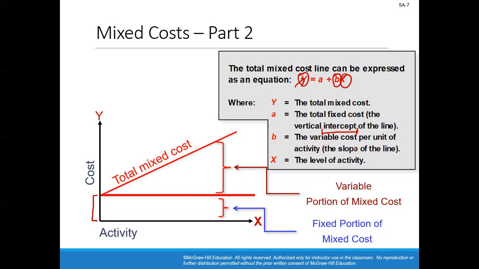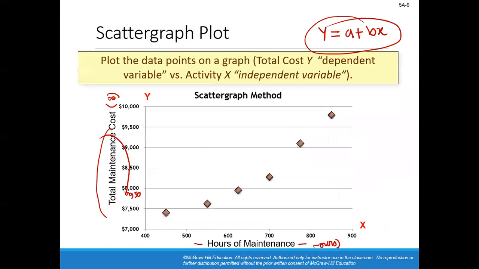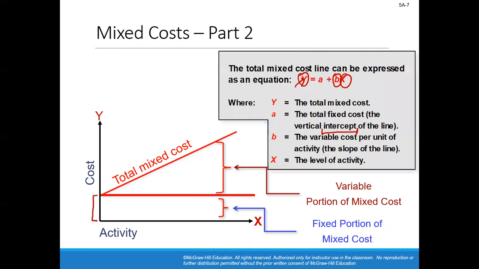Okay. So from this scatter plot, it is possible to draw this kind of graph, what we introduced in the first slide. Okay. So you see that this portion is fixed, and the portion above this, which is going up when the activity goes up, and it is going down when the activity goes down, that portion is variable cost.